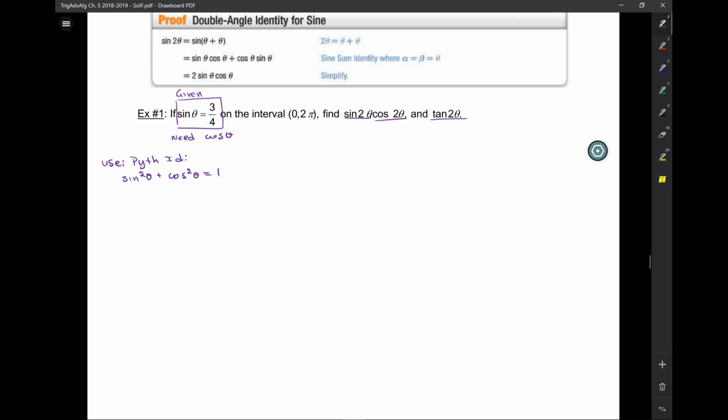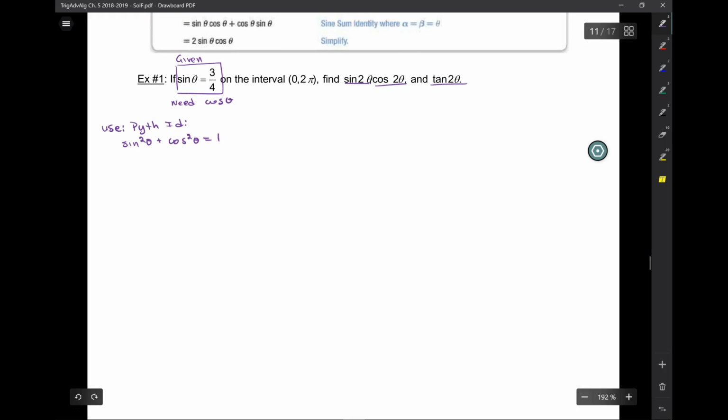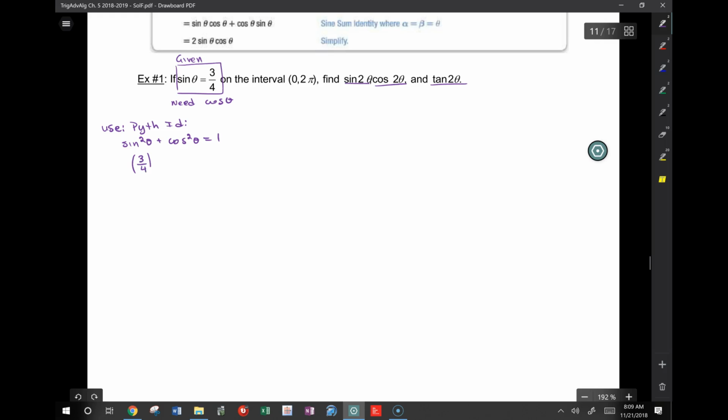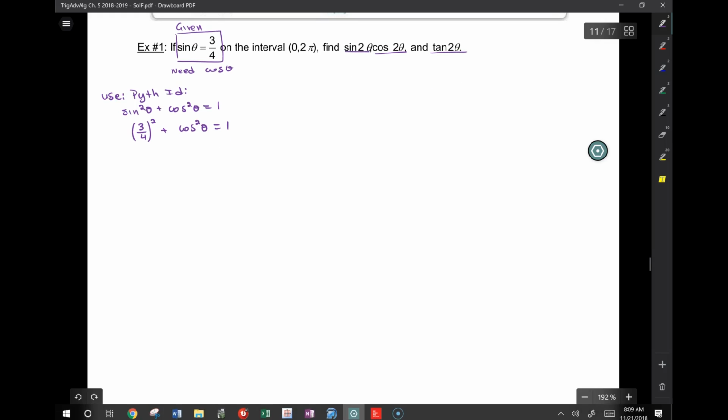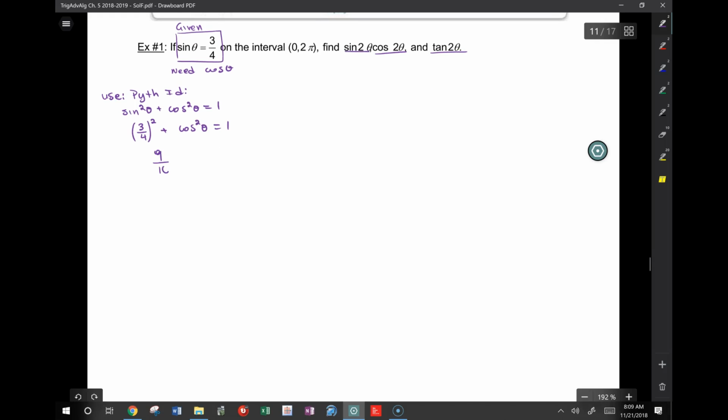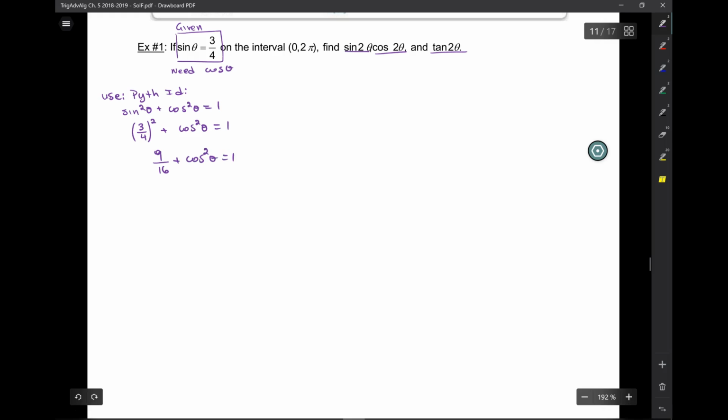What's sine squared theta? That's going to be 3 over 4 squared, plus cosine squared theta equals 1. Good review, right? From before, 9 over 16 plus cosine squared theta equals 1.